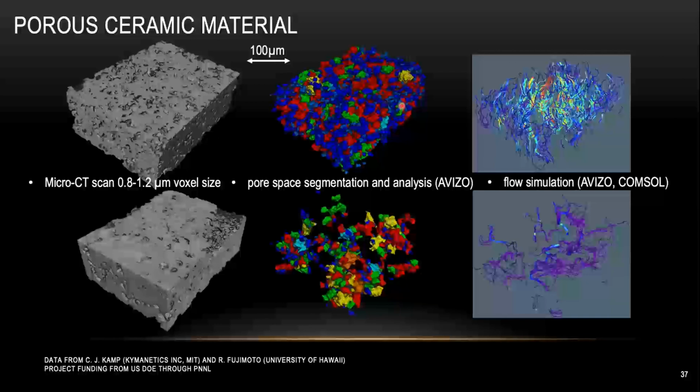Once you have this data, he combined the Avizo data and COMSOL, and they can do a simulation to see how some fluid, like liquid or air, flows through the material. By coupling the microstructure analysis and the flow simulation result, we can establish a structure-flow relationship, and that will help them design different kinds of catalysts for this kind of material.